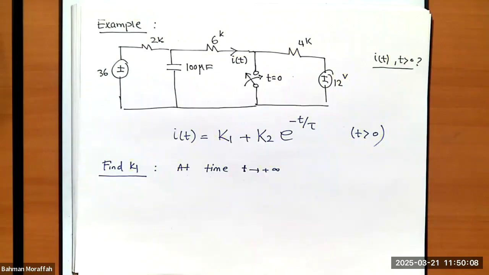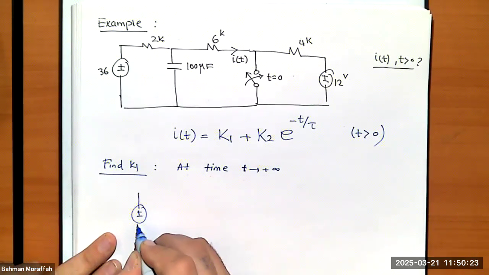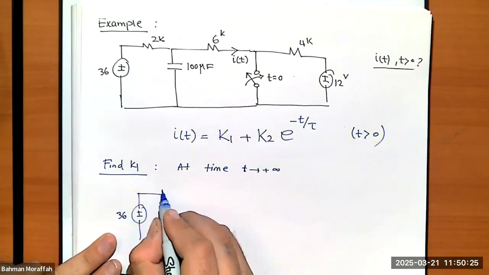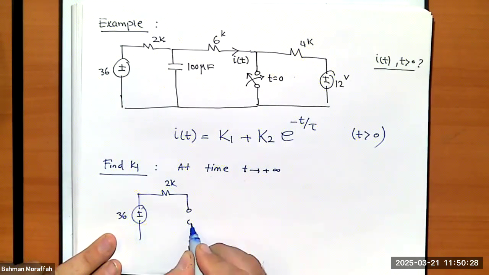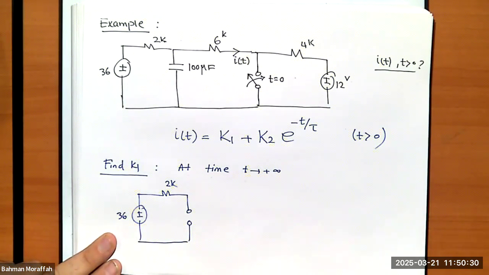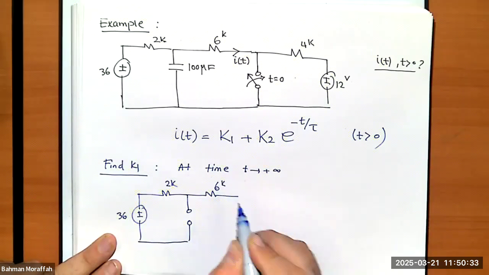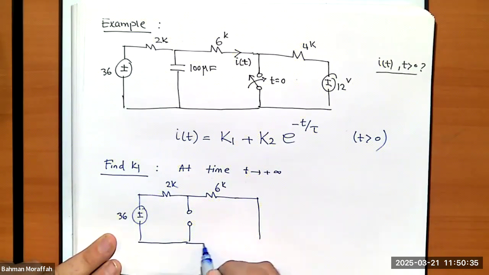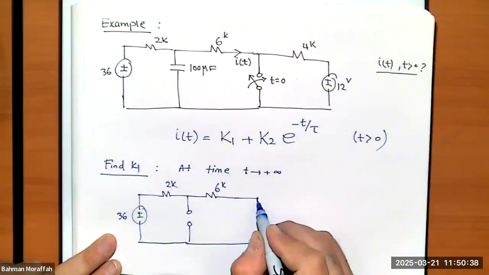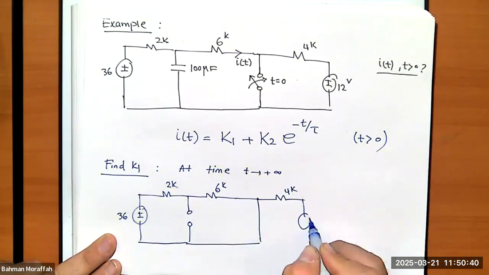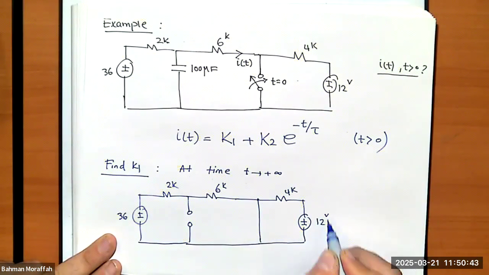I know the switch is closed, and I also know I'm in a steady state condition. Therefore, my capacitor becomes an open circuit. So my circuit would look like this. I have 36, I have a 2K, my capacitor becomes open, I have a 6K, my switch is closed, I have a 4K, and I have a 12 volts.